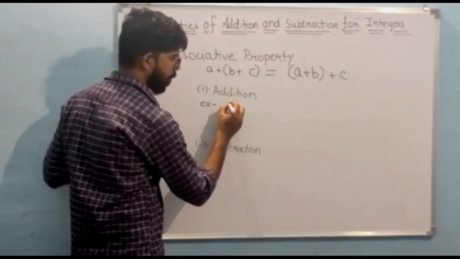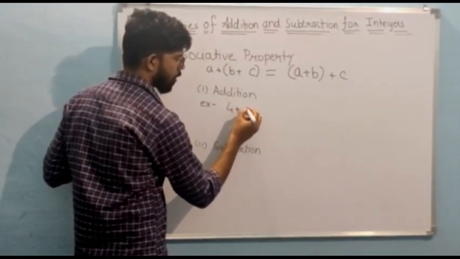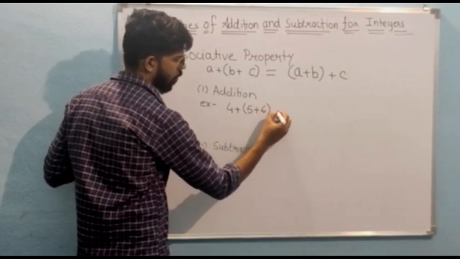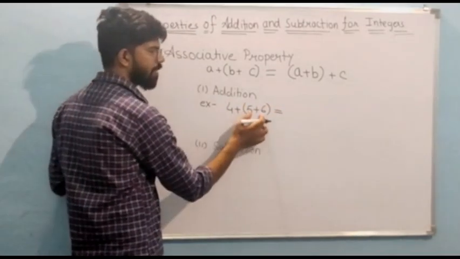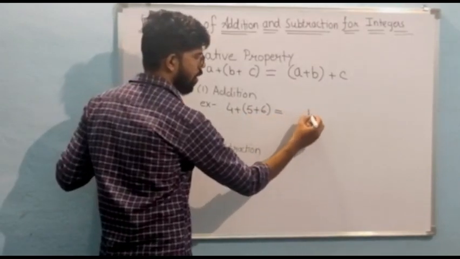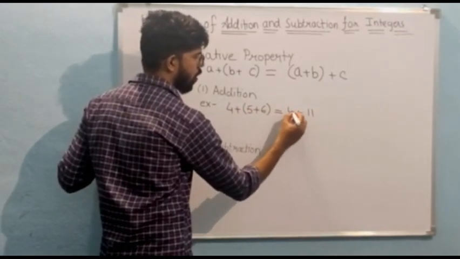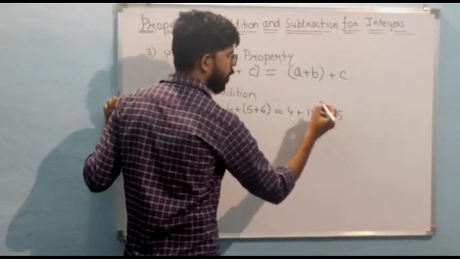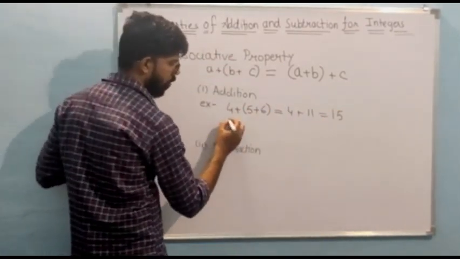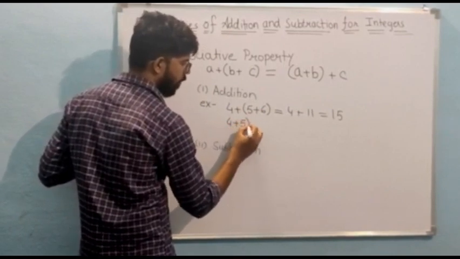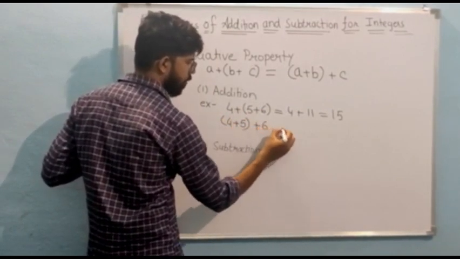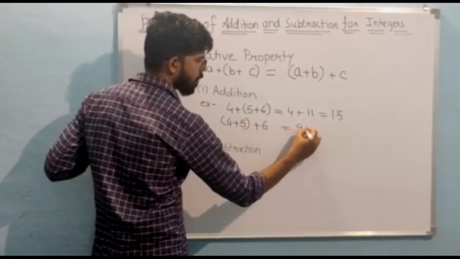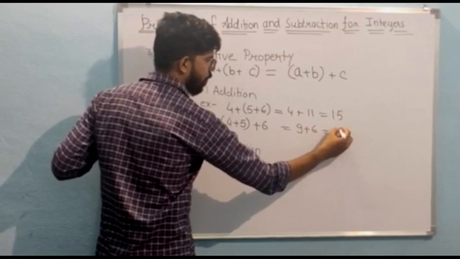Now we take an example and check whether it is followed in addition or not. We take three numbers, 4, 5 and 6. 5 plus 6 is 11, 11 plus 4 is equal to 15. Now 4 plus 5 is 9, 9 plus 6 is 15.